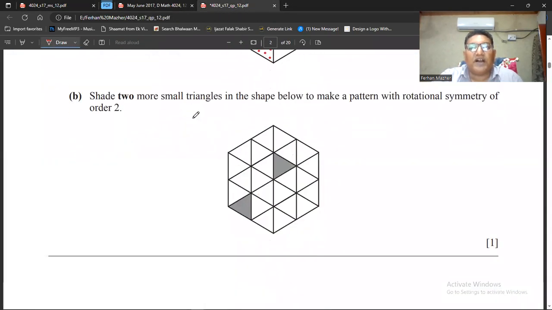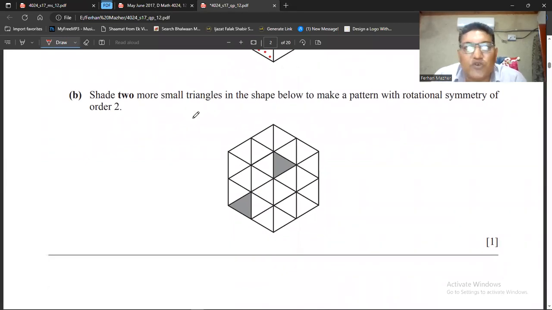Question number 2, B part. Shade two more small triangles in the shape below to make a pattern with rotational symmetry of order 2. Order 2 means that when you rotate this figure 360 degrees, everything should match its original shape 2 times in a circle.